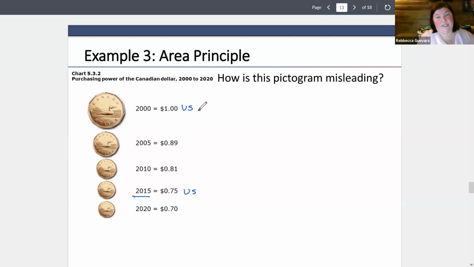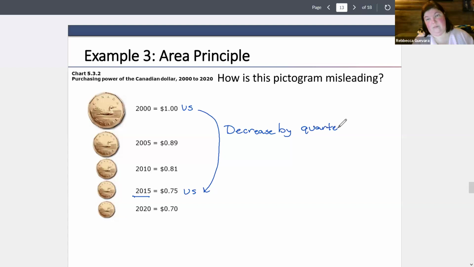So what we see here is that the price has decreased by a quarter. That's what you see here. It's trying to demonstrate this decrease by a quarter, but here's the problem.